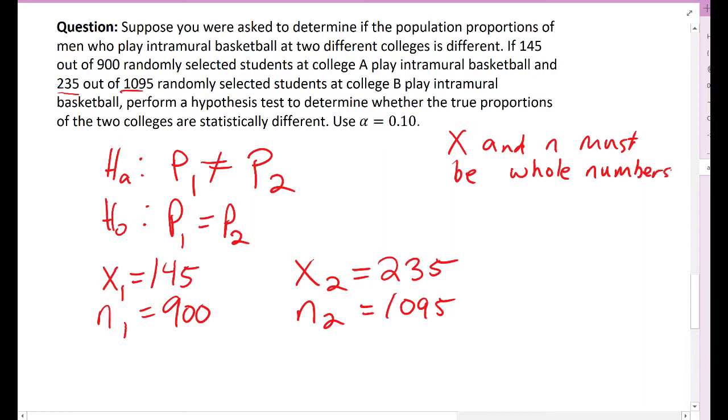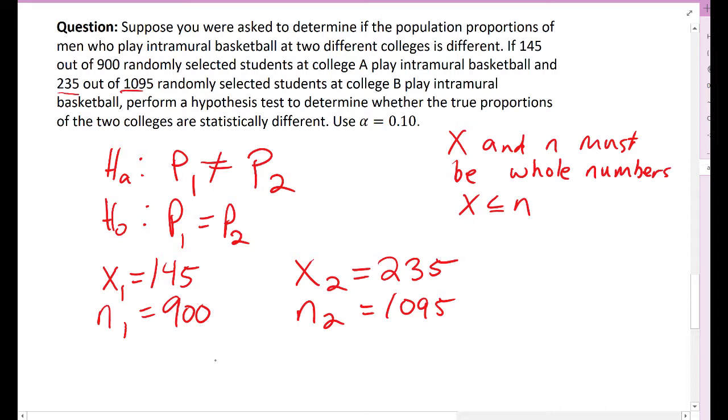I forgot to mention in the previous proportion video, but your x has to be less than or equal to n. If you flip-flop that, you're going to have an error. With 145 and 900, this means that out of 900 people, 145 of them play basketball. That's plausible.